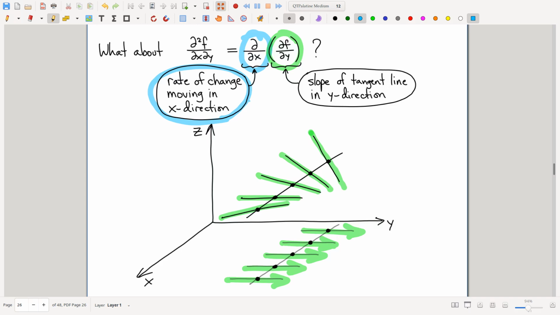And when you're talking about the literal picture, then you move in the direction indicated and ask how fast the function is changing. So that's what I can do here. I can say, look, here's me moving in the x direction. And as I move in the x direction, I can ask, how fast are these slopes changing?